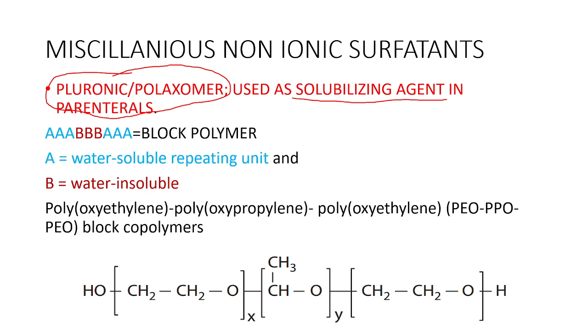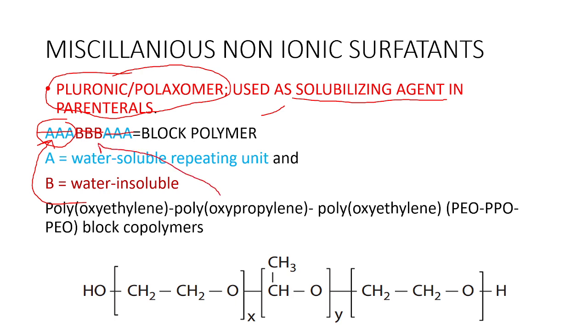See, this Pluronic or Poloxamer is a kind of block polymer. Under the graft polymers, we have discussed different types. Next, under the block polymers, this Pluronic will come. See, one block of A, another block lipophilic B, again hydrophilic A. Like that, this is a block polymer. The hydrophilic monomer unit is polyoxyethylene.